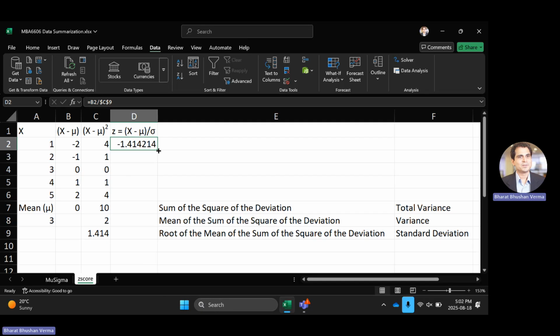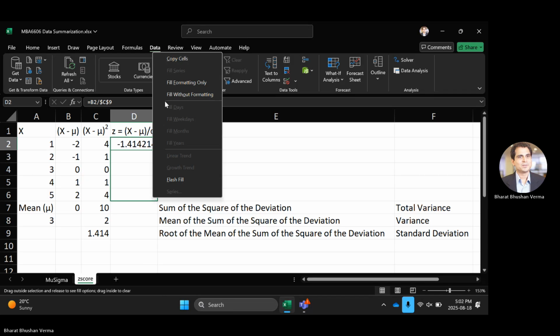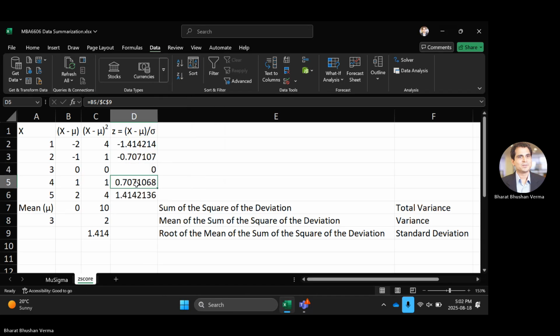We can extend this formula to the other cells also. And we of course know that 3 is 0 standard deviations away from 3, that is the mean.